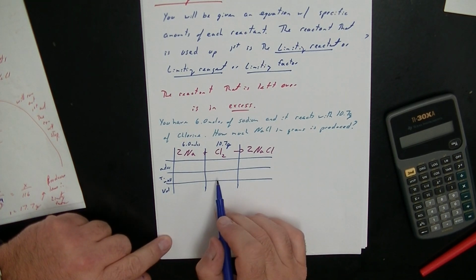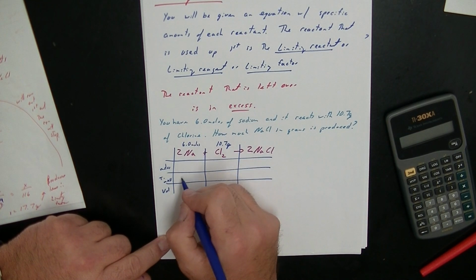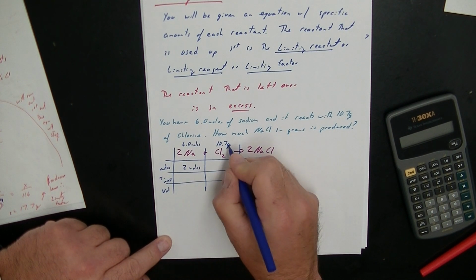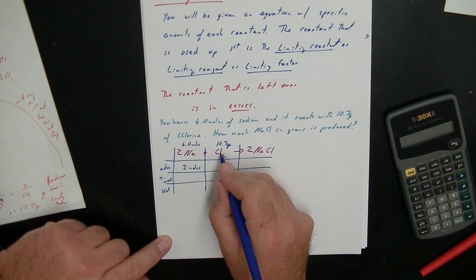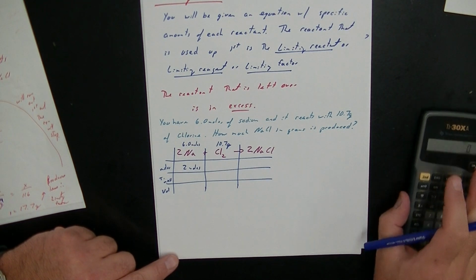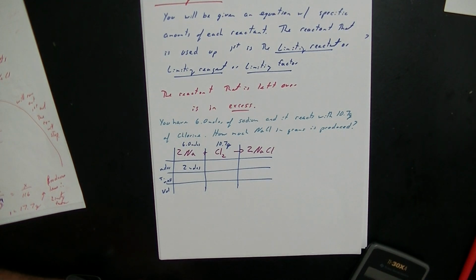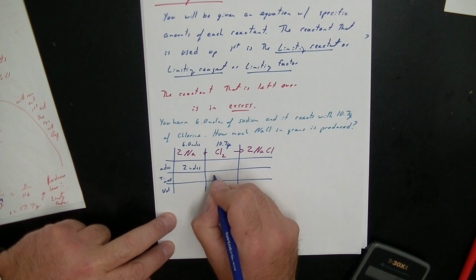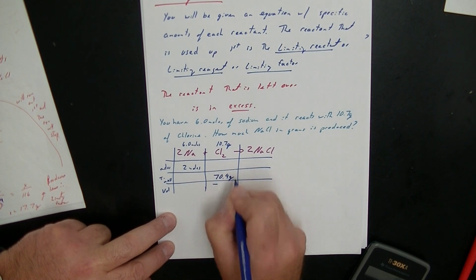So let's fill out our chart. I need moles in this one, so this would be 2 moles. I need grams in this one, so chlorine is 35.45 times 2, which gives us 70.9 grams.